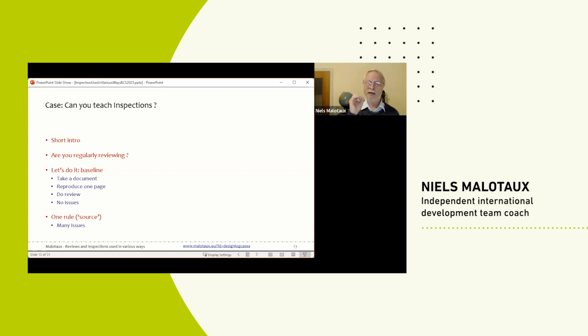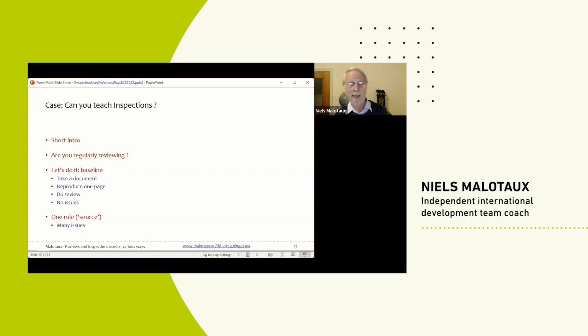An issue there by definition is a violation of the rule. And I said, let's introduce one rule. This is a design document. And if you don't know what design is supposed to accomplish, how can you know that what's written on this page is correct?